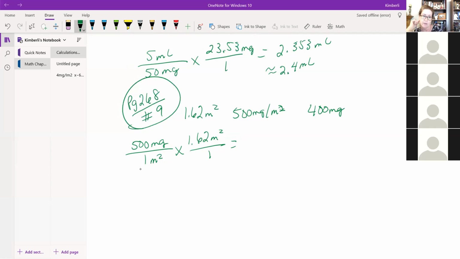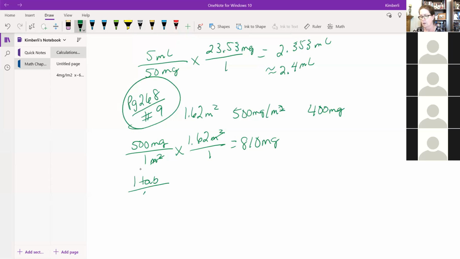What do you guys get for that? I got 810 milligrams. Okay. So it even asks you how many whole tablets should be given to come closest to this dose. 2.